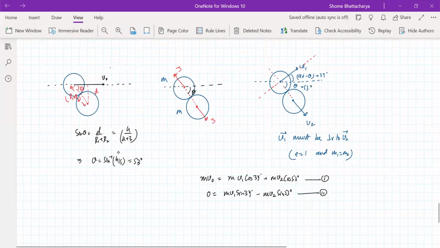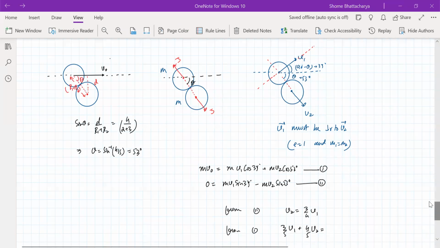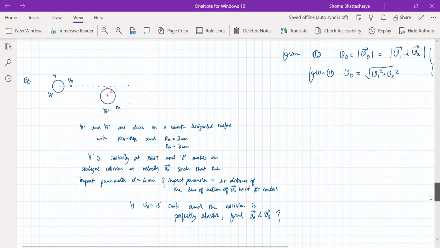From equation 2, we can see that V2 is equal to 3 by 4 V1, correct? And from equation 1, 3 by 5 V1 plus 4 by 5 V2 is equal to V naught, which was given to us as how much? 15. Okay.